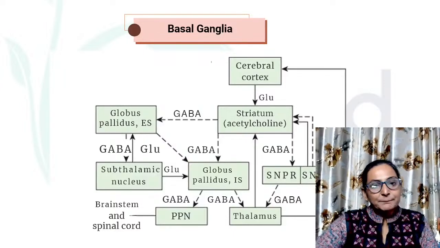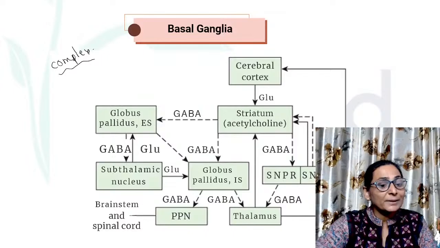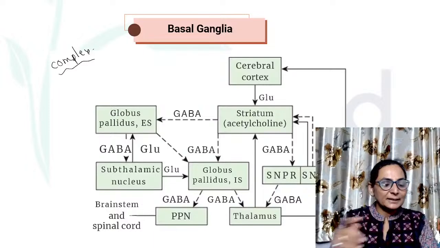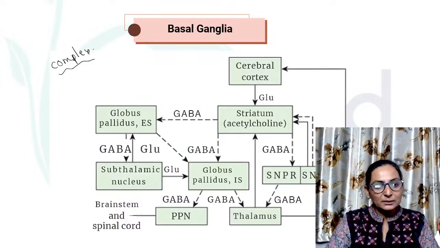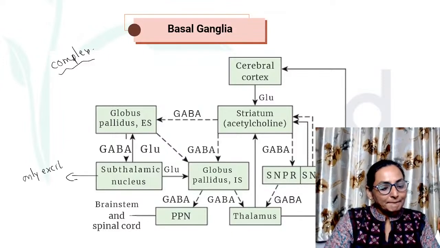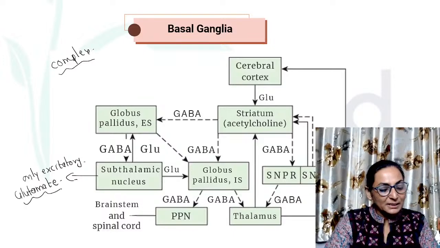Now see, the basal ganglia is actually very, very complex. It consists of so many nuclei. Remember, all the nuclei of the basal ganglia are inhibitory except one, which is the subthalamic nucleus, the only excitatory nucleus of the basal ganglia, with its neurotransmitter glutamate.